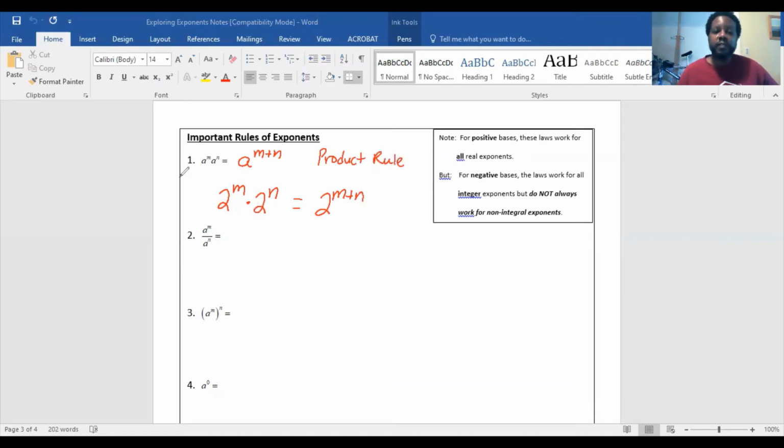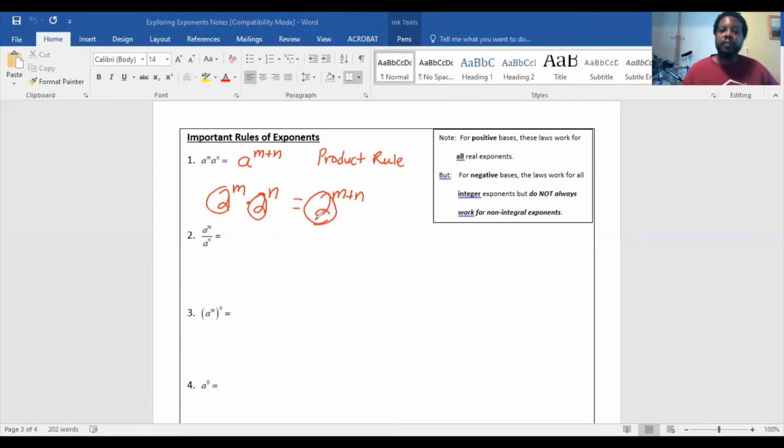And the product rule says that if I have the same base being raised to 2 different exponents, my answer is going to be that same base with the exponents added together. Okay, so when I have the same base being multiplied to each other with different exponents, I just add the exponents together.